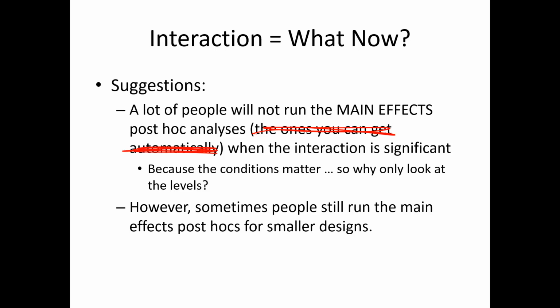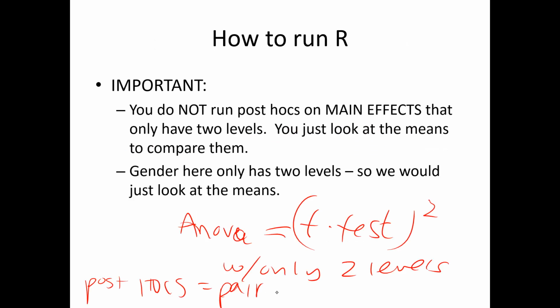And the whole point of post hocs, usually, if you're going to do the type of post hocs we're talking about, is that they're pairwise. So 2 by 2. If I only have 2 levels, I'm already doing it pairwise. Why would I do it twice? So essentially, you would just look at the means and compare them to each other and talk about if they're significant or not. So don't run the test twice.